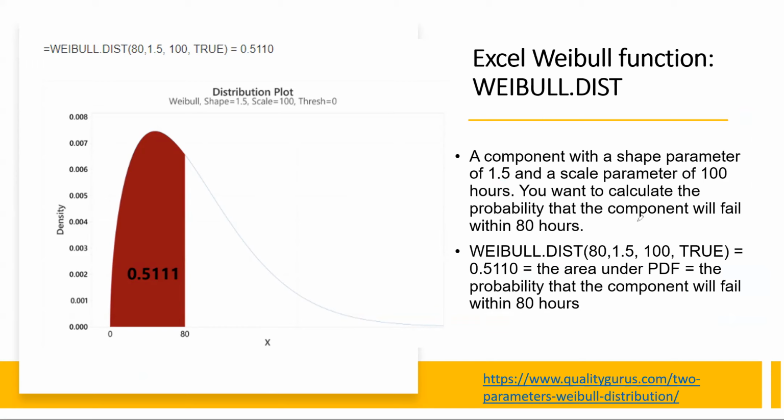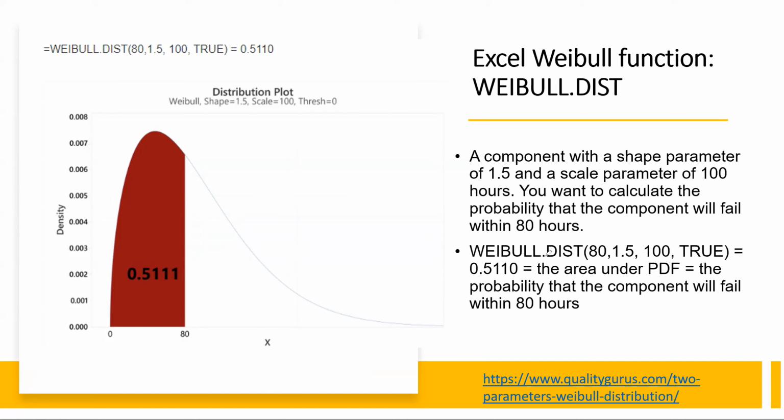You could calculate the probability that a component will fail within 80 hours. The scale parameter 100 means that the mean time between failure is a value close to that. Your shape parameter, beta, is 1.5. And then you're looking at 80 hours of the component. What is the probability that the component will survive?